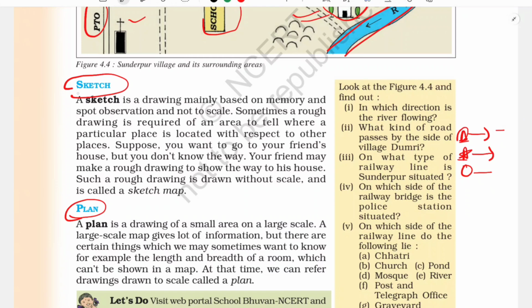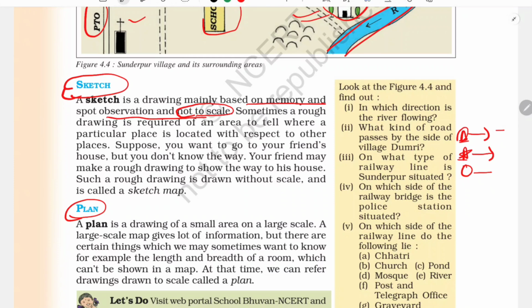Basically, when the word sketch comes, what comes to your mind? A drawing, isn't it? But here we are going to see it in relation to the map. A sketch is a drawing mainly based on memory and spot observation, and not to scale. Map, you have to scale down properly.